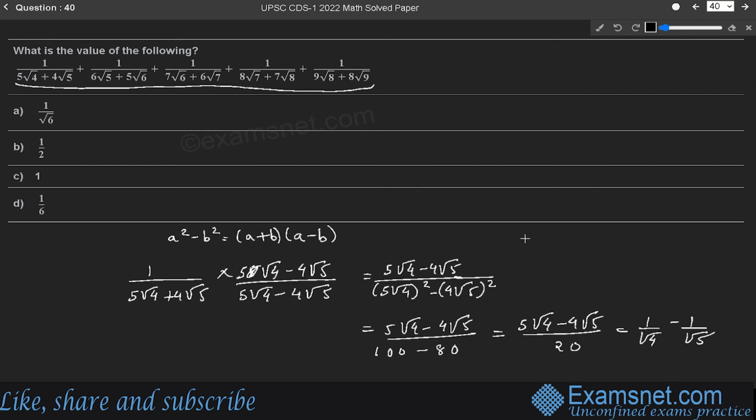Now after doing a similar operation in all other terms, we will see that here there is 5, here there is 4, here there is 6, here there is 5.